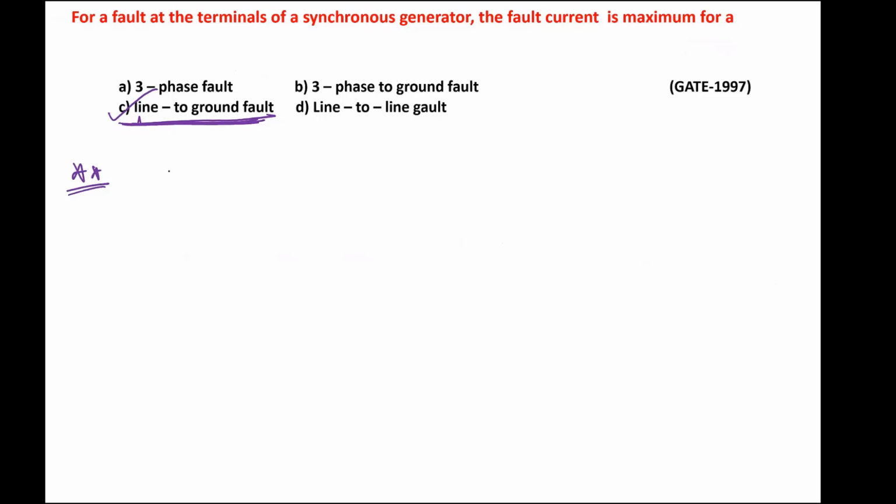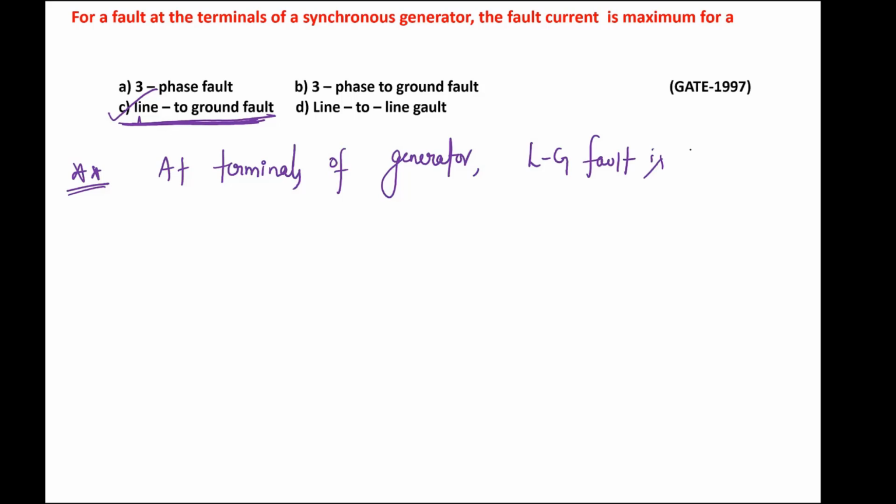At the terminals of a generator, if data is not given, blindly if you are asked which is the most severe fault at the terminals of a synchronous generator, LG fault is more severe. LG fault is most severe at the terminals of an alternator.